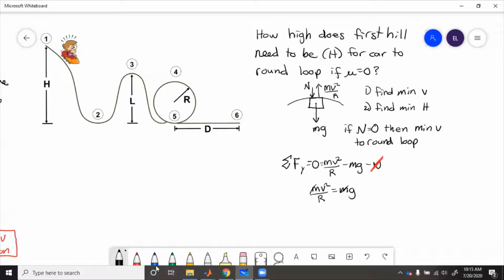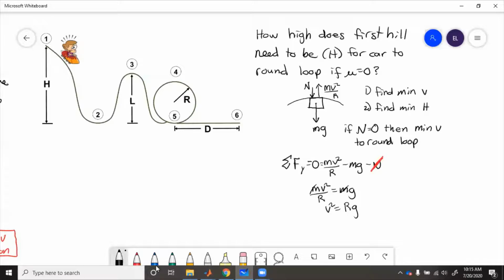Masses cancel. v squared equals rg. Okay, so this is v squared, the squared minimum speed to round the loop. So now we know what this speed is in terms of system parameters.